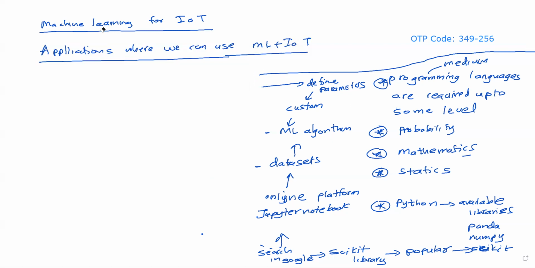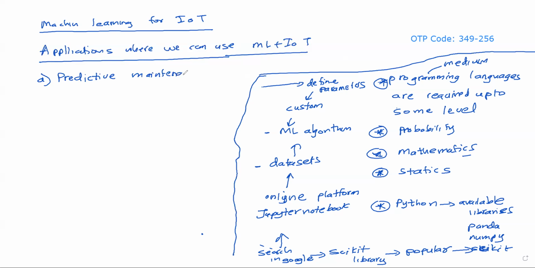So basically, once we talk about machine learning applications in IoT, we have scenarios where we can use machine learning. IoT and machine learning can be used in applications where we want predictions, so predictive maintenance.